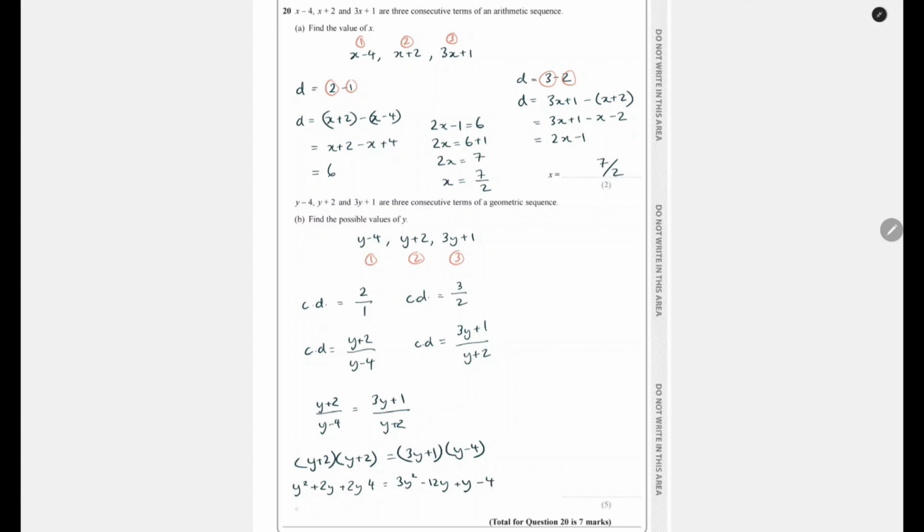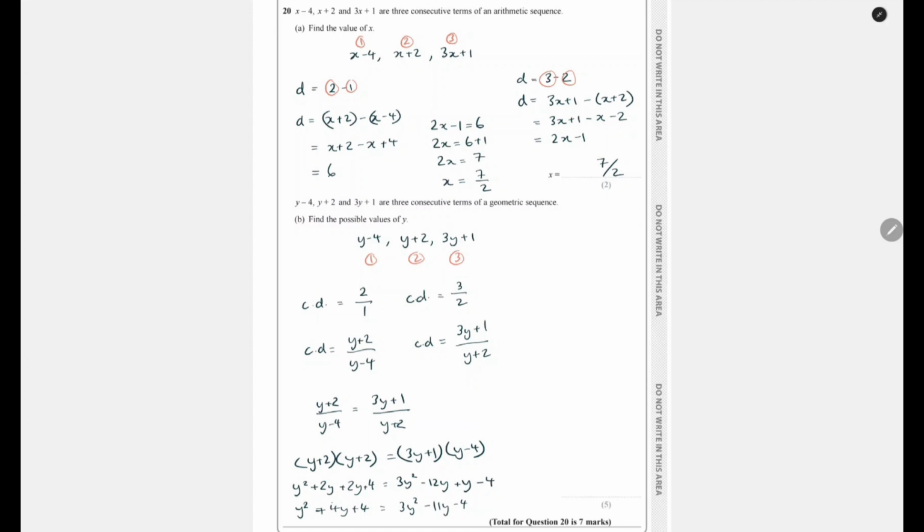We can clean this up, so we are left with y squared plus 4y plus 4 is equal to 3y squared minus 11y minus 4.